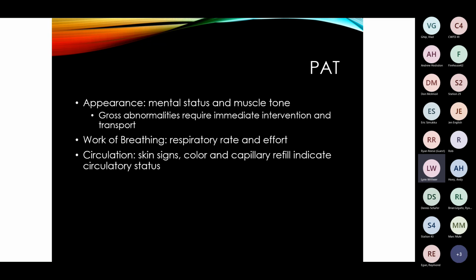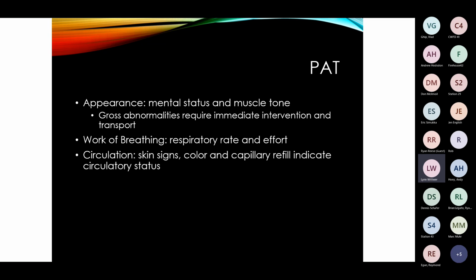You look at appearance, the mental status, and muscle tone, which has to be appropriate for the child. Obviously, a newborn has a different muscle tone and awareness than a 1-year-old or a 2-year-old child. Muscle tone, floppy children are always very sick.